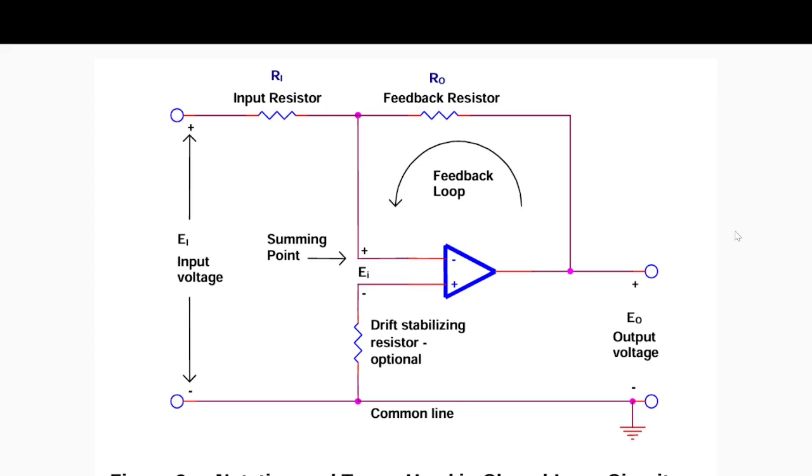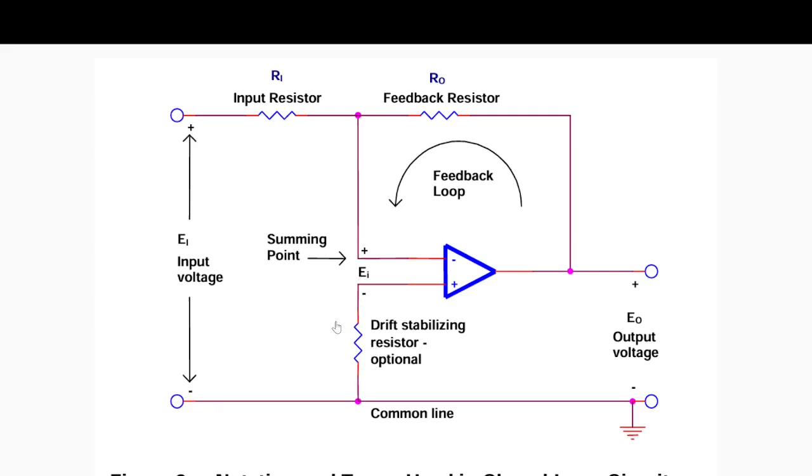Here is another very good diagram relating to the basic concepts of the operational amplifier, including some very important notations and terms. This is the input voltage, this is the input resistor, and this is the feedback resistor. We already discussed that. This is the summing point; that is very important. At the inverting input, this point is called the summing point.